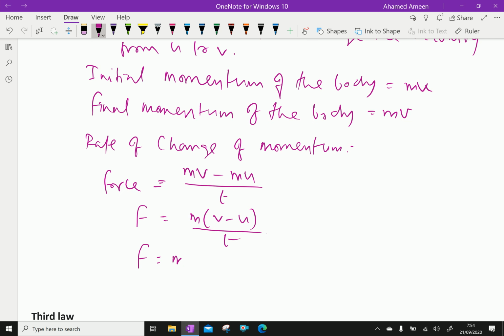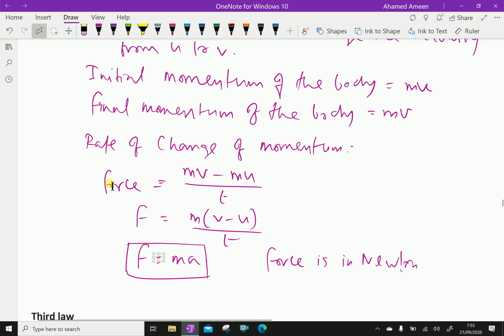So F equals ma. Here the force unit is the Newton. If velocity is in meters per second, t is in seconds, and mass is in kg, then force is in Newtons.